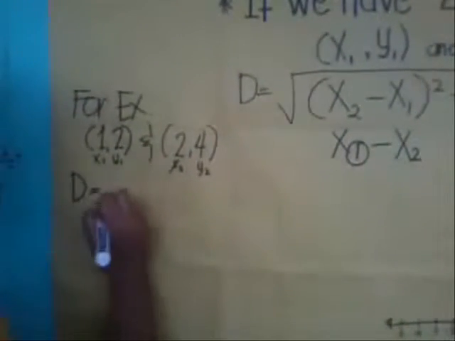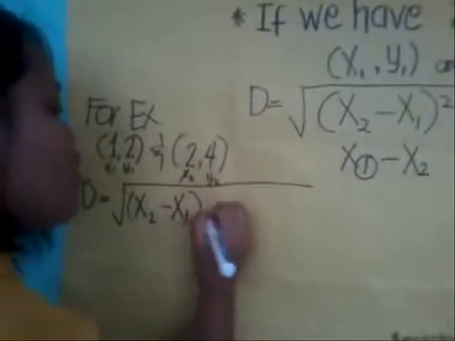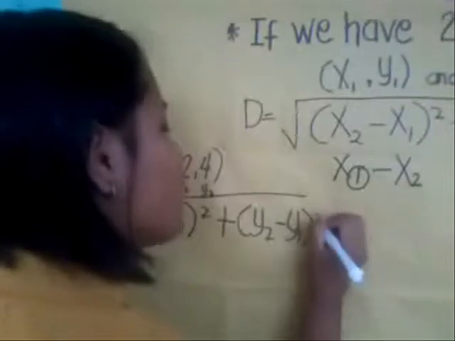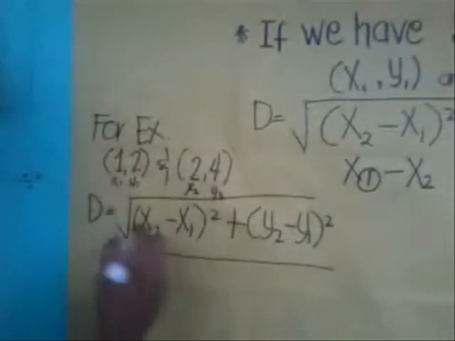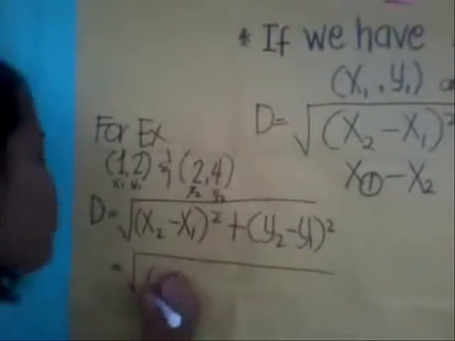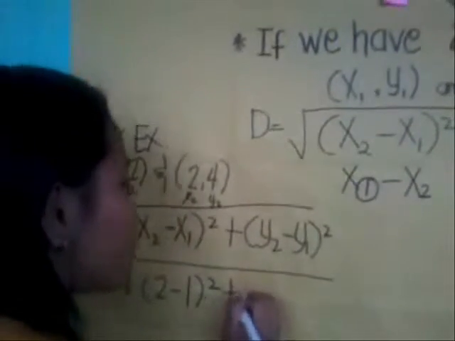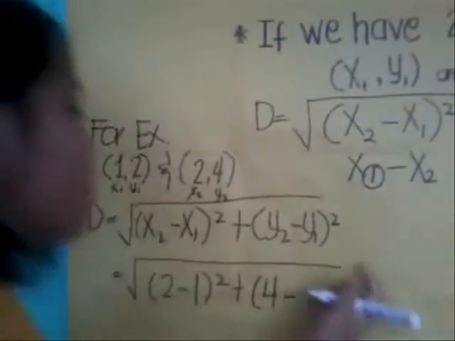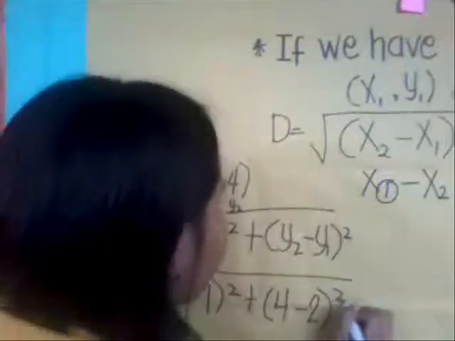Our distance formula is the square root of x sub 2 minus x sub 1 squared plus y sub 2 minus y sub 1 squared. So the square root of the value of x sub 2, which is 2, minus the value of x sub 1, which is 1, squared, plus the value of y sub 2, which is 4, minus the value of y sub 1, which is 2, squared.